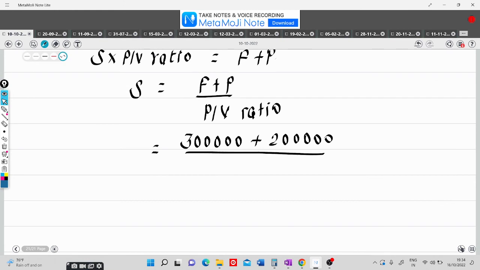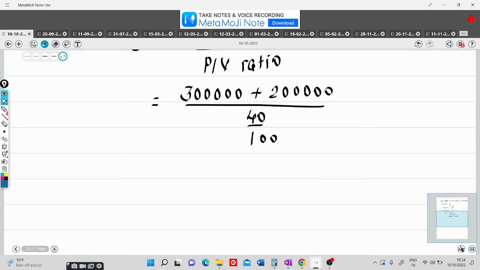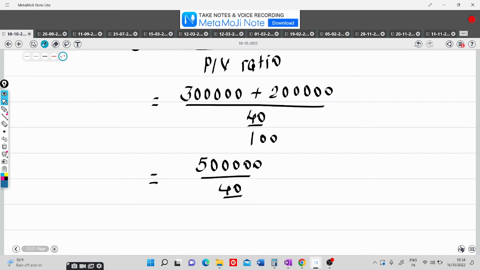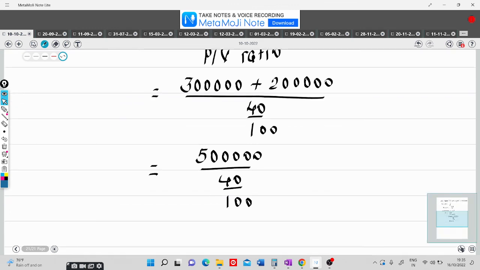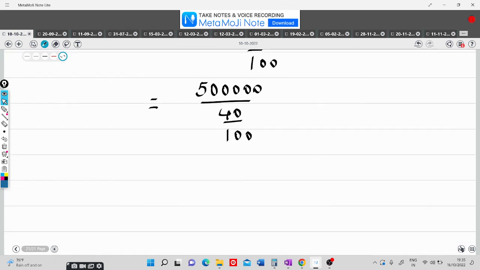Divide by PV ratio is 40%, that is 40 upon 100. 3 lakh plus 2 lakh comes out to 5 lakhs. By solving this, it will be 5 lakh upon 40%. So it can be further solved. 5 lakhs into 100 upon 40. I am converting the division into multiplication, and so I have taken the reciprocal.